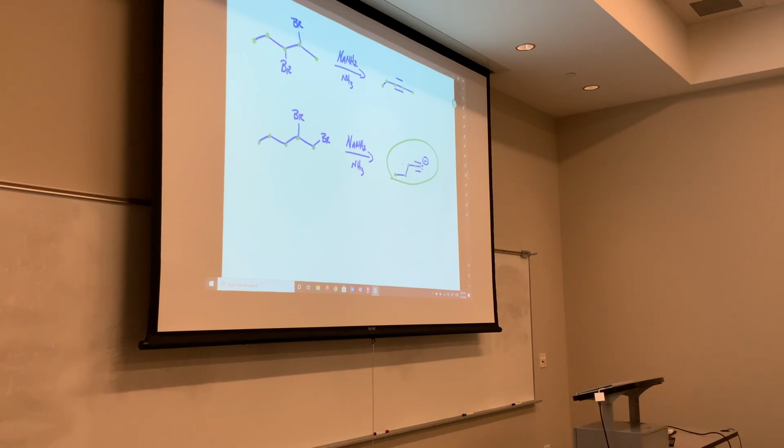If we had a hydrogen there, where the negative charge is, that would have a pKa of about 25. Not that acidic at all, but when we have a really powerful base, like the sodium amide, then it's going to easily deprotonate that. And now we have a carbon with a lone pair and a negative charge.